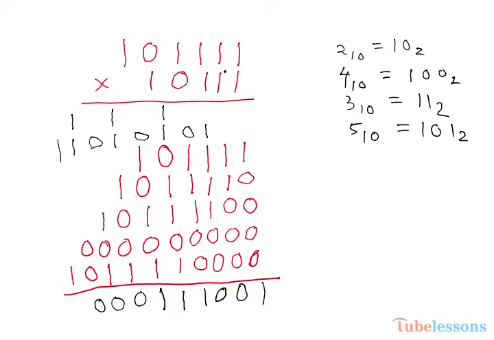Let's put that 0 here and 1 will be carried forward to here. Here is only 1, so here will be 1. So this is the final answer.